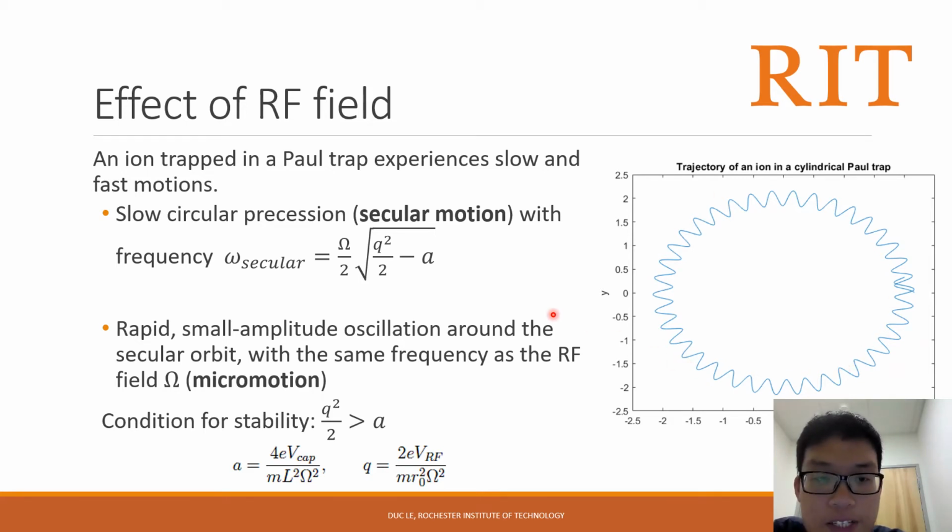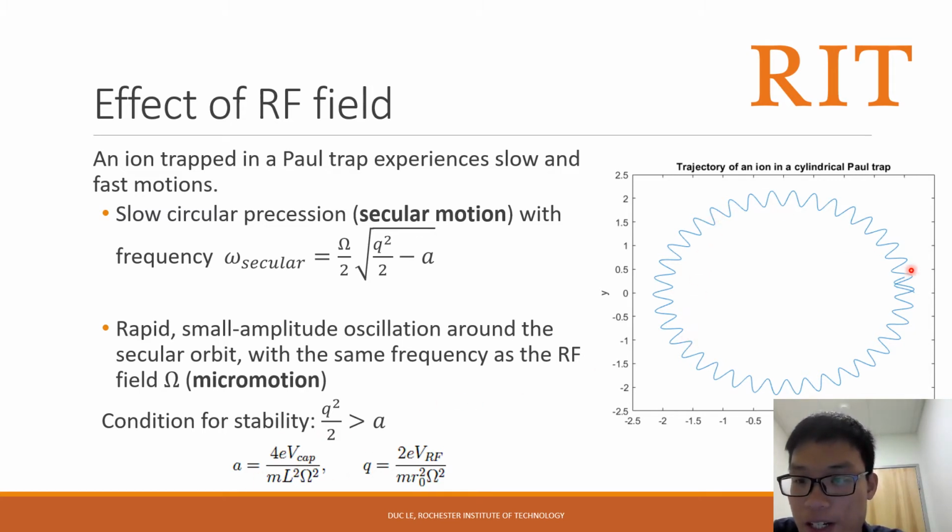The frequency of this circular motion is determined by the properties of the trap, Q and A, where Q is related to the RF rotating field and A is related to the static field.